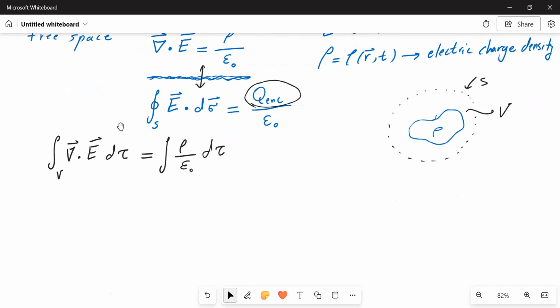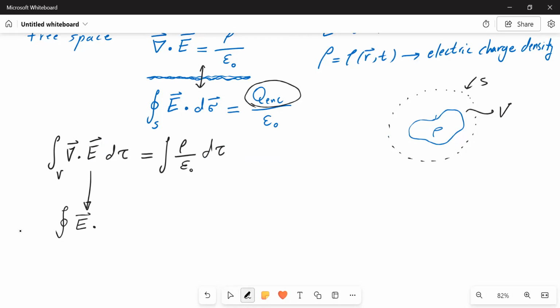All right. Now, according to Gauss's theorem, the divergence of any well-behaved vector field, such as the electric field, over some volume is exactly equal to the surface integral of the normal component of that electric field over the surface, right?